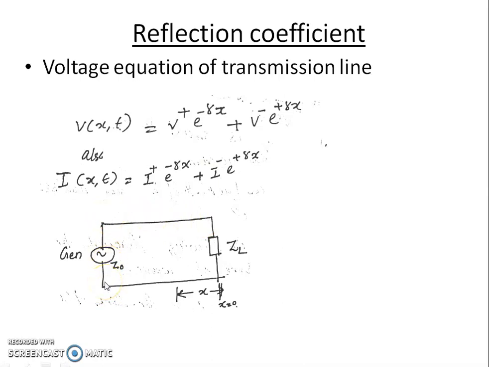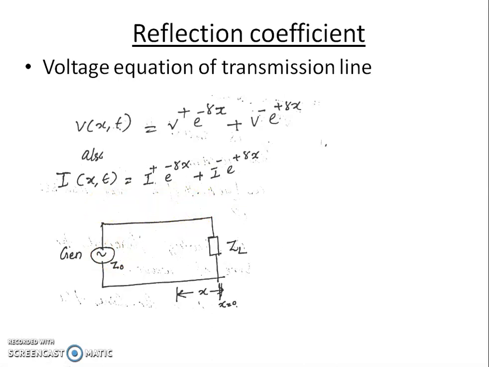The other case is moving near to the load, that is, the wave moving in this direction near to the load, and when the wave is moving near to the generator, it is in this direction.